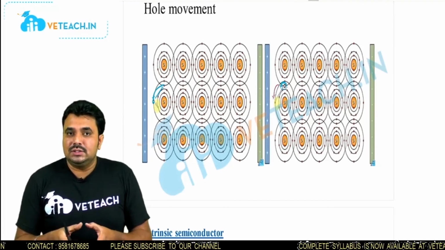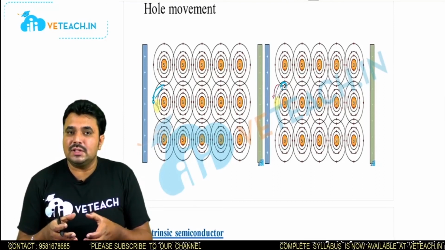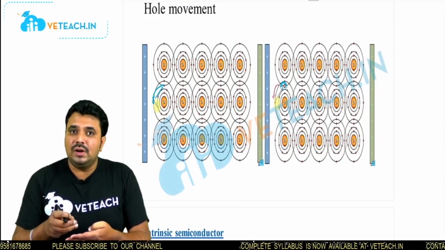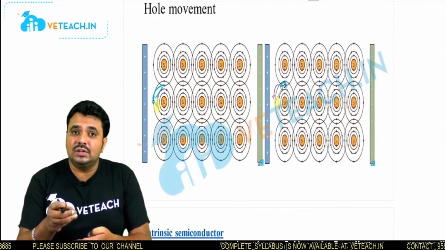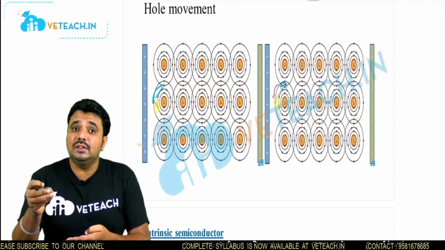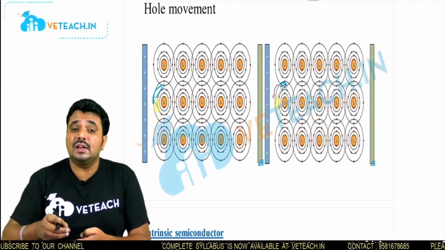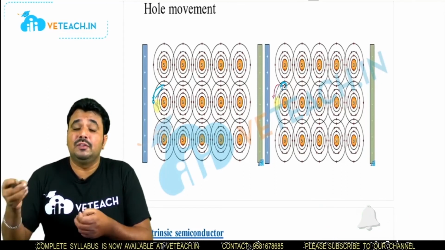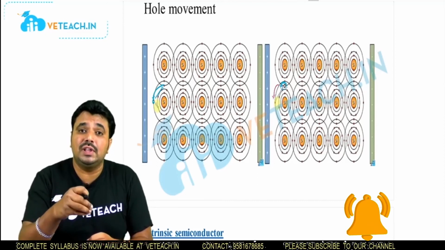So at 300 degrees Kelvin, if I give sufficient energy, the valence electron comes out of the covalent bond and becomes a free electron. It moves and fills another hole. That process we say is recombination. Again a free electron comes and fills another hole.